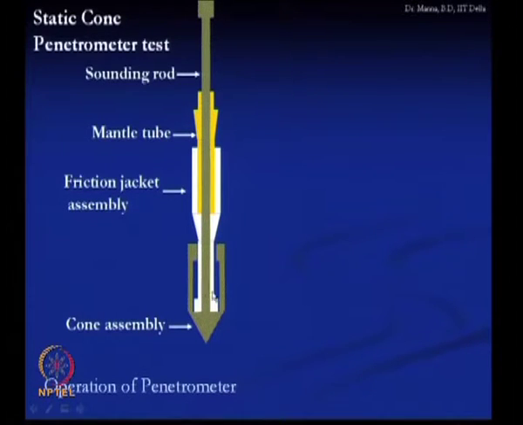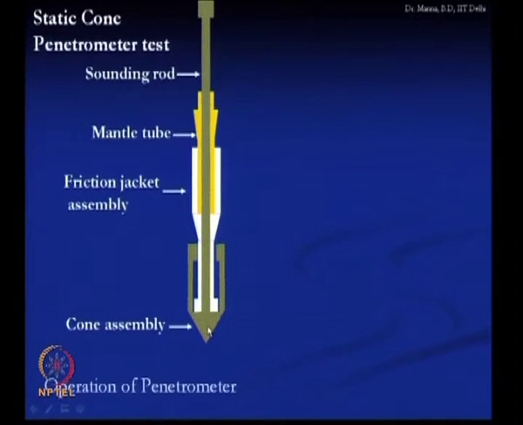If we further explain this process, this is the total system in the stationary condition in the first stage. This is the sounding rod, this yellow one is the mantle tube, this white one is the friction jacket and this portion is the cone assembly.